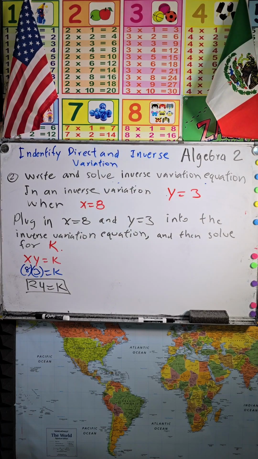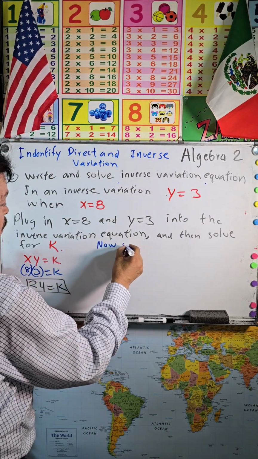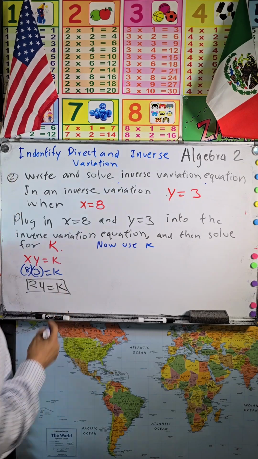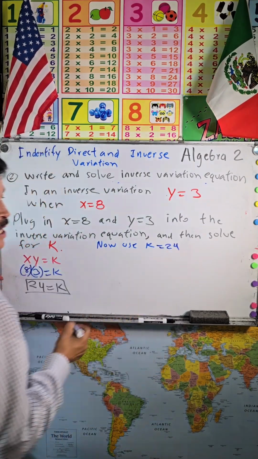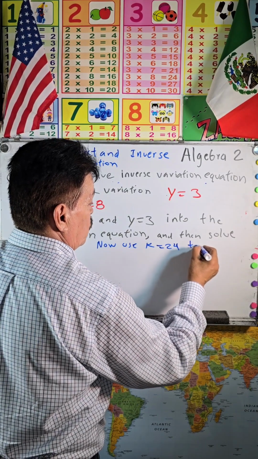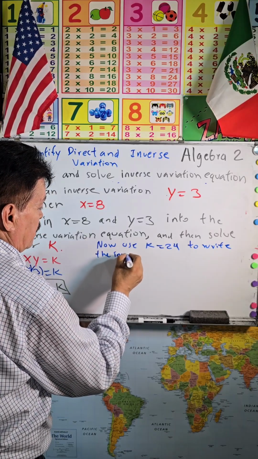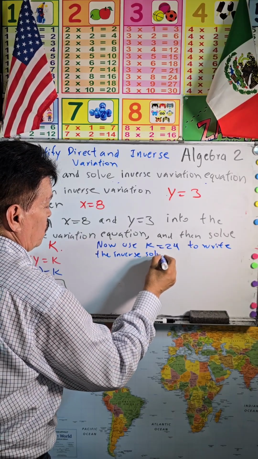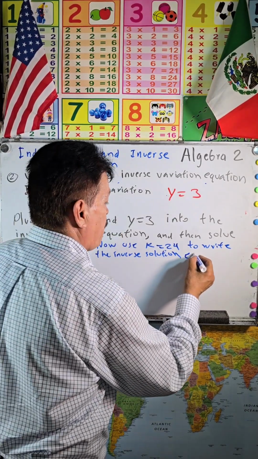So now use k to write the inverse variation equation. So here, now use k equals 24 to write the inverse variation equation.